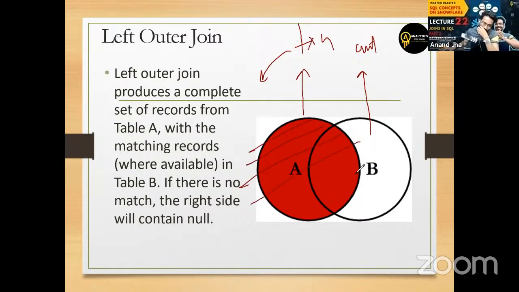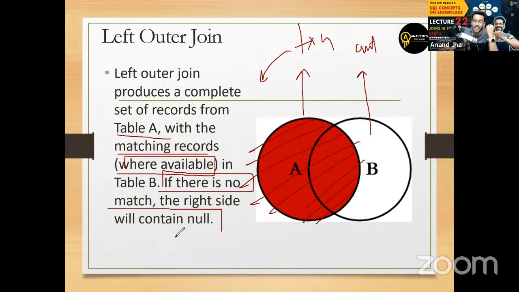If there is no match, the right side will contain null. This is very, very important. If there is no match, the right side table will contain null, but still the records will be there.